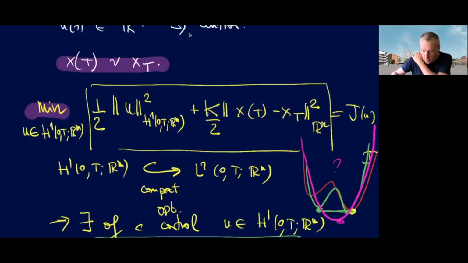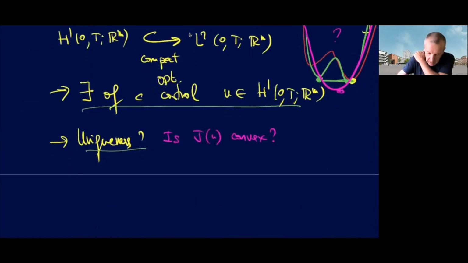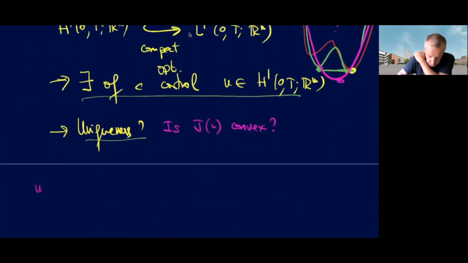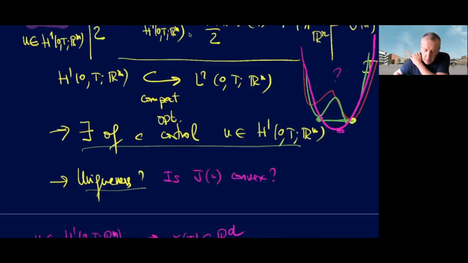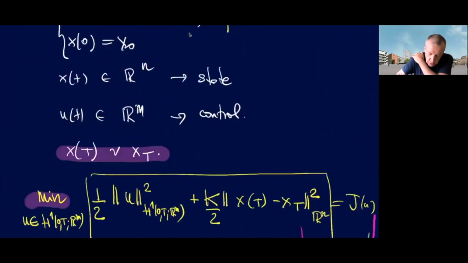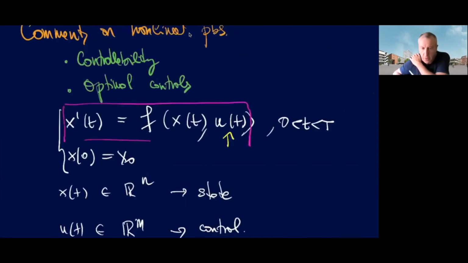And what can I say about the convexity with respect to U? I have to look at the map that takes U in the space H1 and gives me x(t) in the space R^d. And this map is computed through the resolution of this nonlinear differential equation.